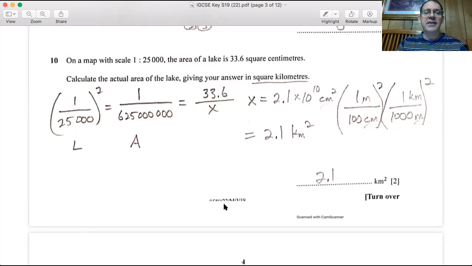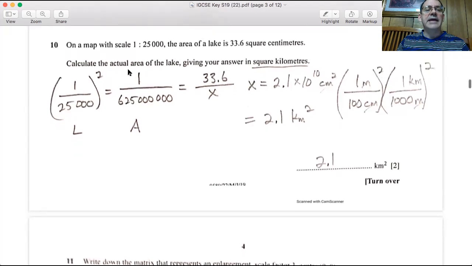And it says that the area of the lake, and notice we're still dealing with on the map, the area of the lake is 33.6 square centimeters. Obviously, that should not be the area of the actual lake. That would be more like a little mud puddle. So calculate the actual area of the lake, giving your answer in square kilometers.